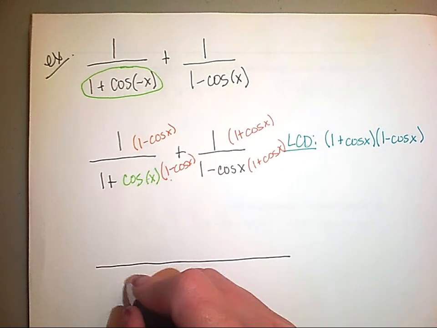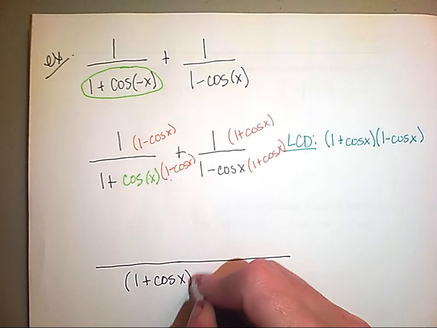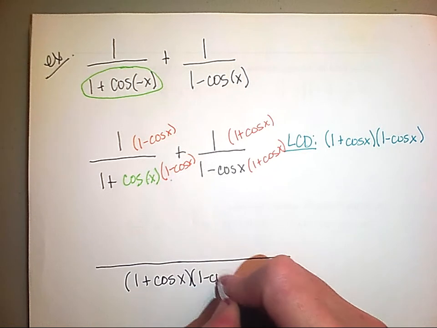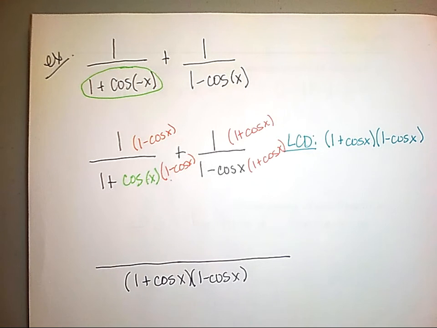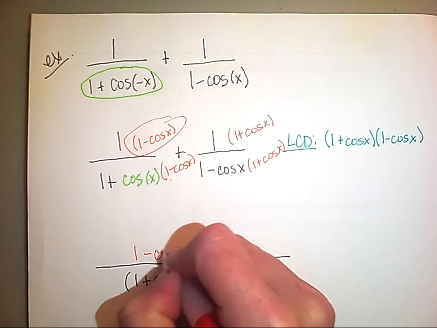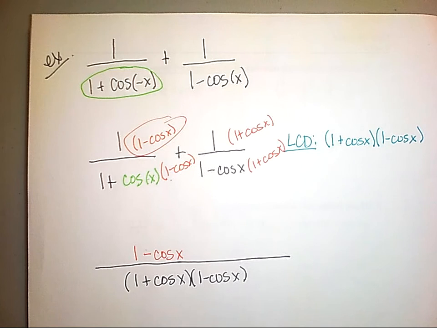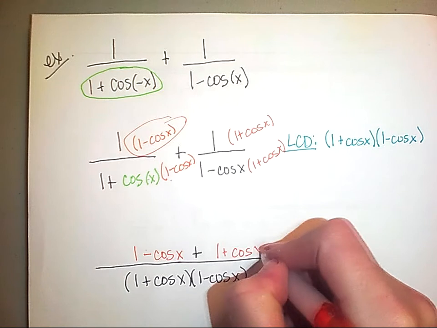So now our denominator, now again, don't multiply these out quite yet. Let's see if we're even going to need to do that. We might have to, we might not. So our numerator over here is 1 minus the cosine of x. Then we're adding to that, this numerator, which is 1 plus the cosine of x.